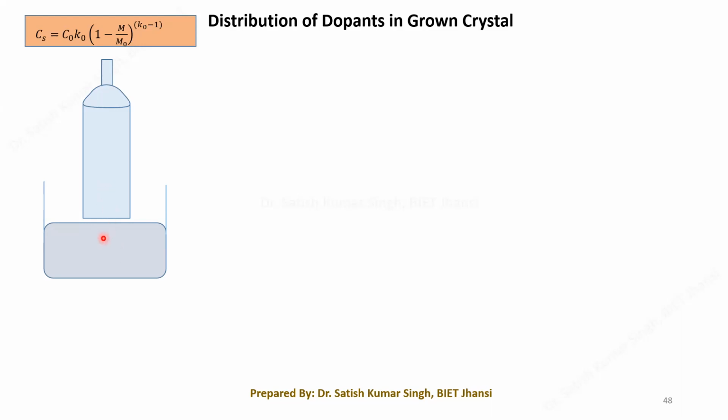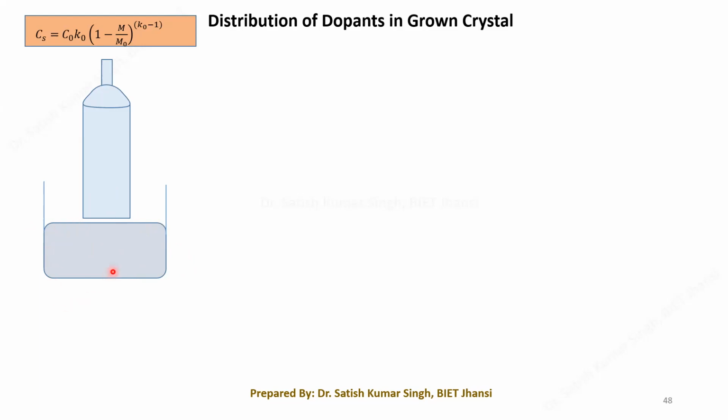So what we are trying to explain is, if you remember case number 2, we said that after pulling the crystal, some melt is left inside the crucible, and that melt has its weight equal to m naught, and the total dopant concentration is equal to Cl.